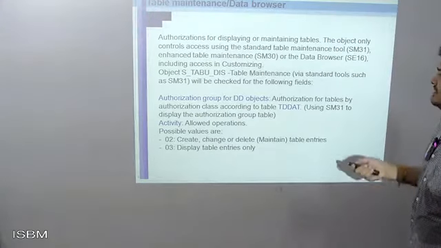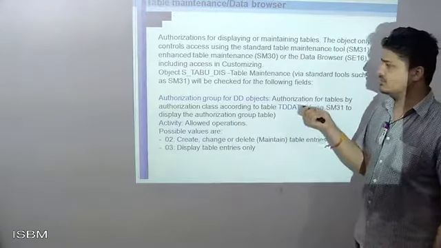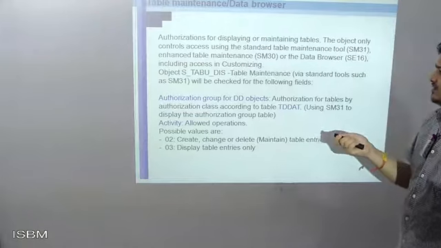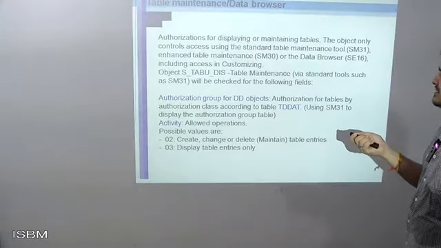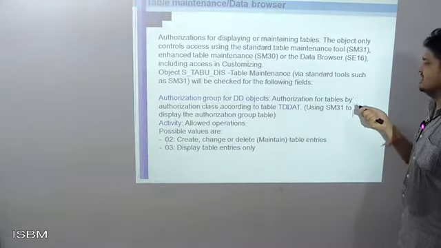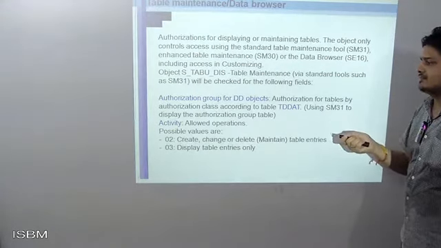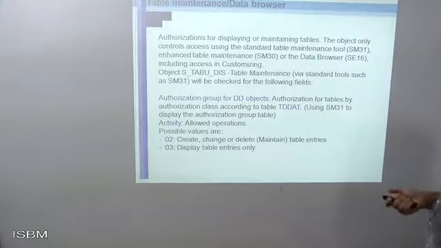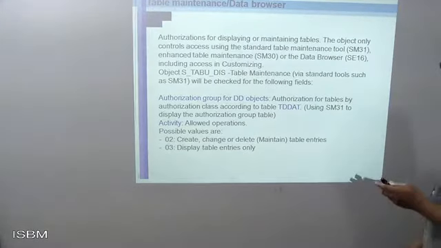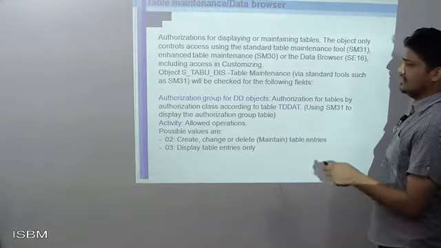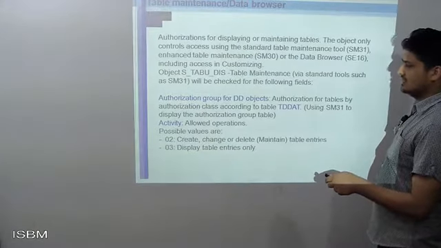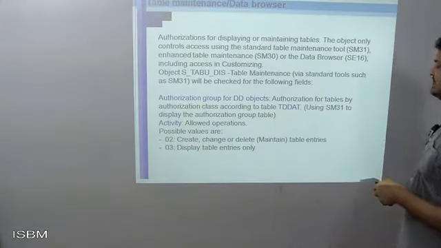There are two transactions, and SE16M is also there. So including access, the authorization object is S_TABU_DIS, which is table maintenance via standard tools such as SM30. We will check the following fields: the authorization group. The authorization for the table is by authorization class according to table TDDAT using SM31.